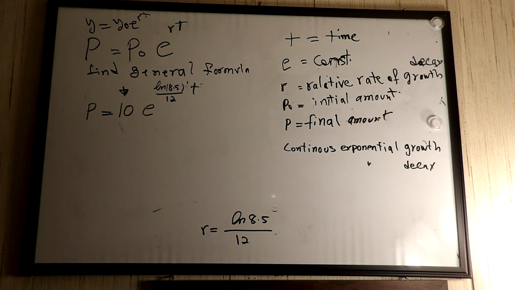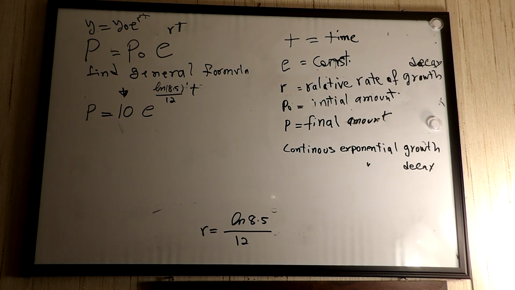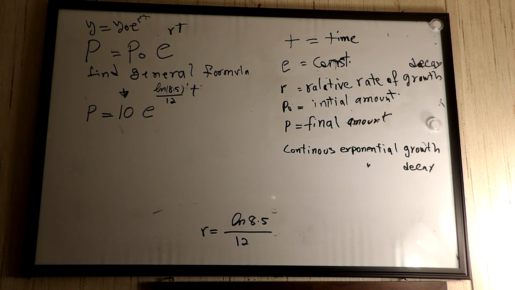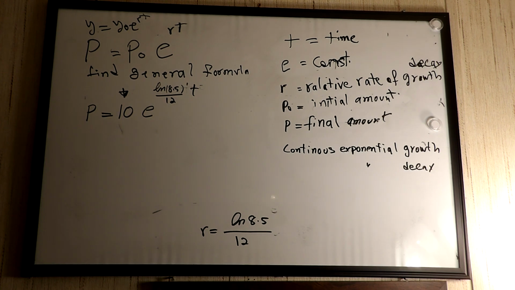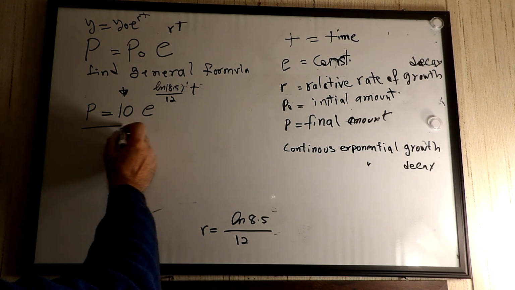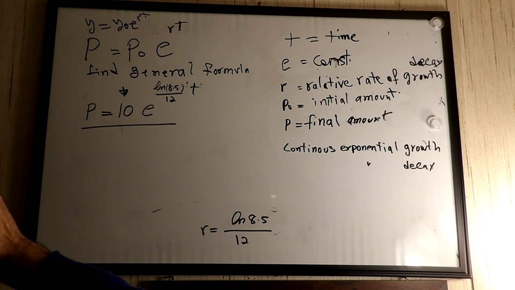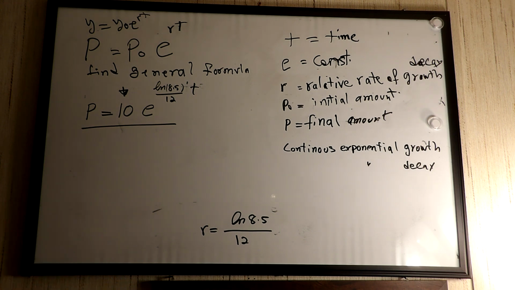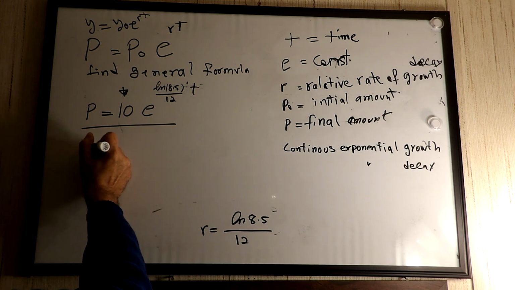Now you have the general formula, which means that at any time you can find how many bacteria, the final amount. For example, you want to find after 20 days, t is equal to 20 days.